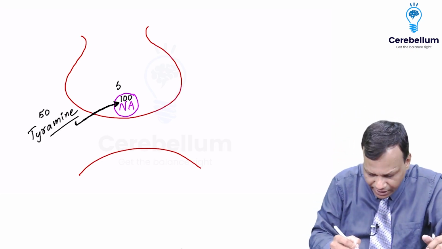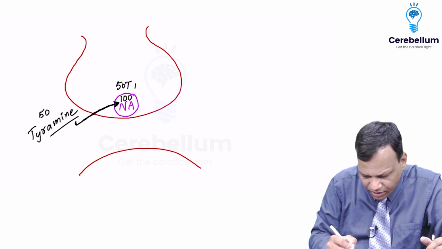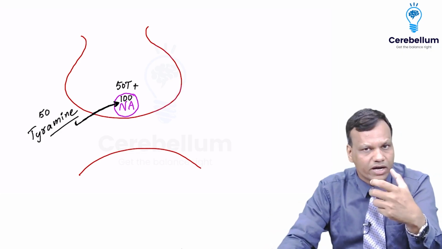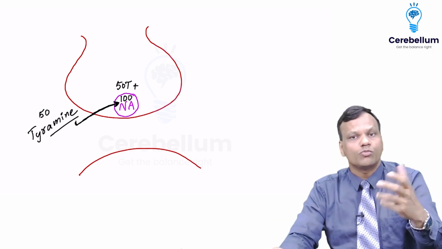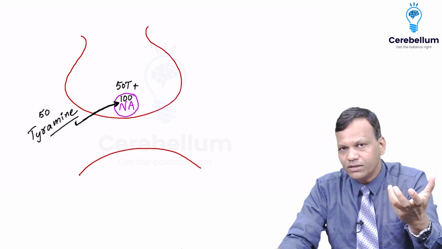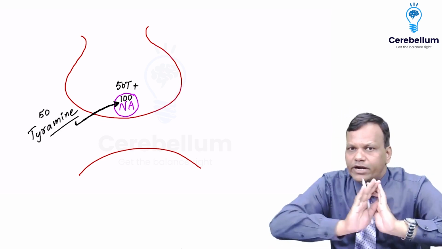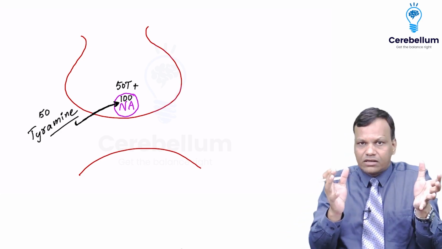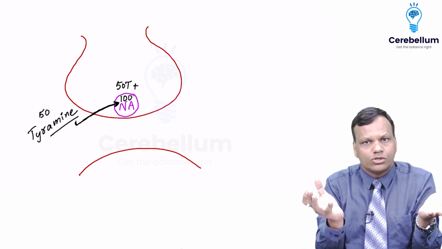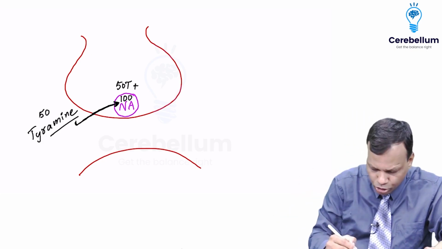If we give 50 tyramine, the total will be 150 molecules, 100 noradrenaline and 50 tyramine. But we know that it cannot store more than 100. So what will happen? Tyramine will push noradrenaline into the synapse. Tyramine says that we cannot accommodate here, so you go.